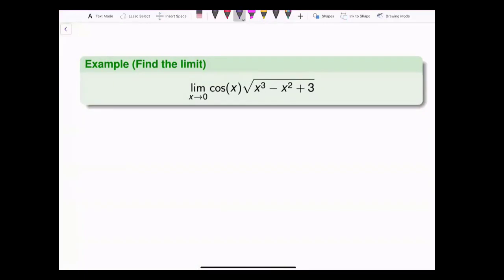Okay, how about this one? What is the limit of cosine x as x approaches 0? See, you have to look at the graph of cosine x.